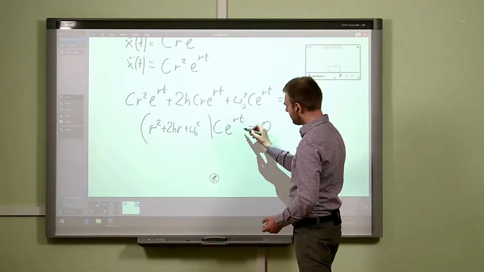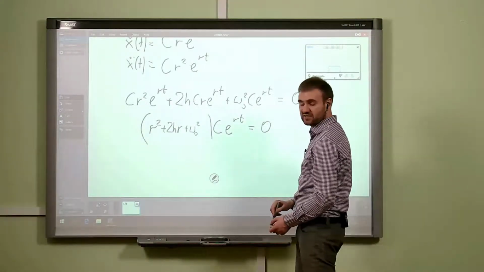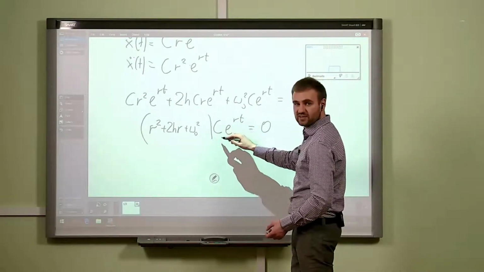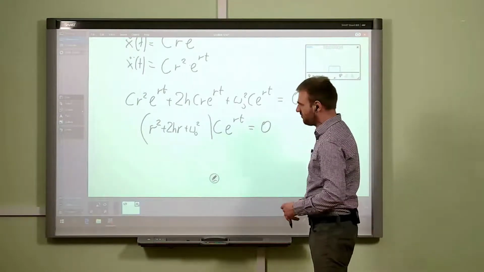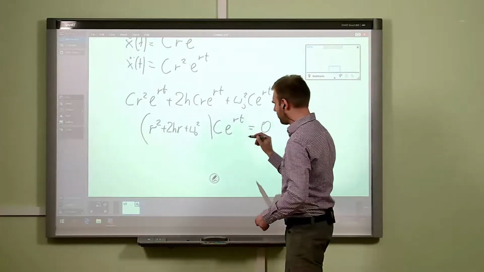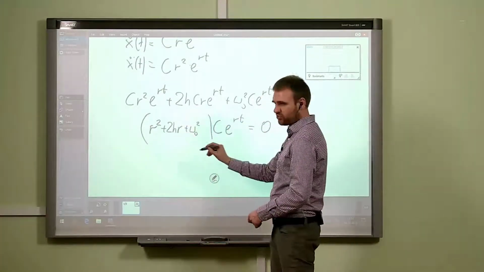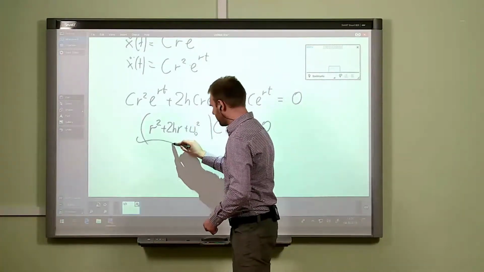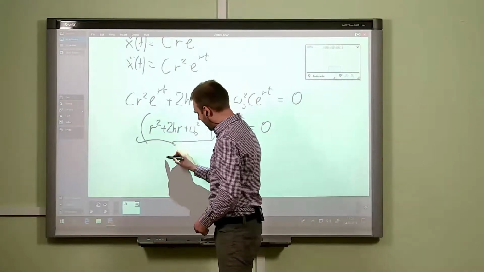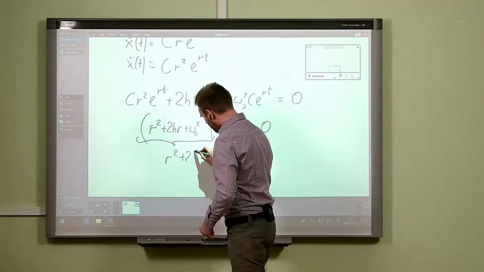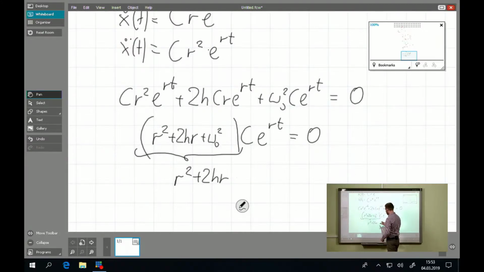We see that that thing cannot be 0, the same as we are talking about the C. C cannot be 0. It means that if you want to find the condition where the entire product will be 0, we have to look for the roots of that characteristic polynomial. I mean, r squared plus 2h r plus omega 0 squared equals 0.